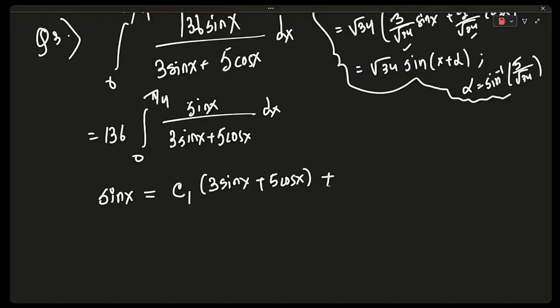That is the motivation. Second में क्या होगा? C2 whole into derivative of 3 sin x plus 5 cos x, which is 3 cos x minus 5 sin x, right? Now, what is the motivation for this part?